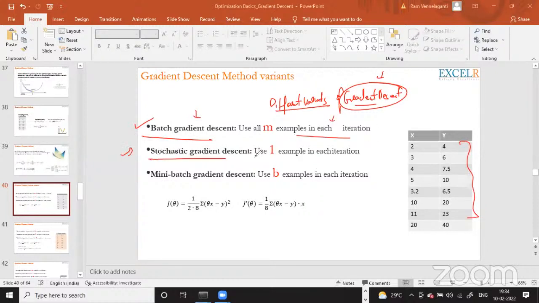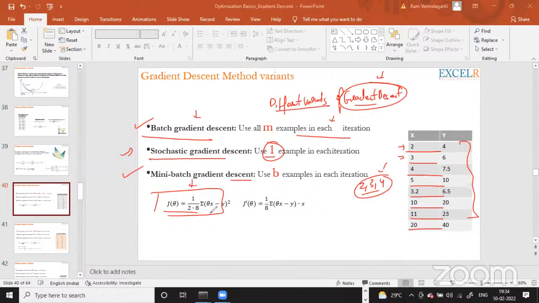Then stochastic gradient descent, where you use every single observation to update our weights. And then mini batch gradient descent, where we are not going to consider the entire data set, nor every single observation for updating our weights, but somewhere in between, maybe 2 or 3 or 4 observations. This is how we have defined our loss function or cost function.